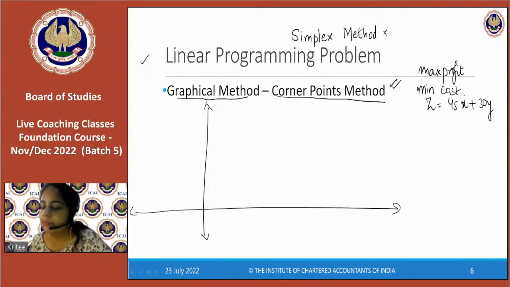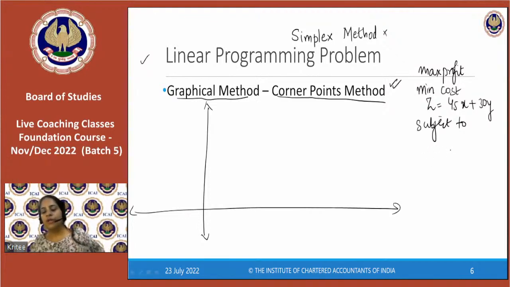This would be like two products, X and Y. Subject to, as I told you in the very beginning, linear programming or inequalities are more commonly used for understanding the constraint requirements of the resources. The limitations of the resources are being solved. Okay.